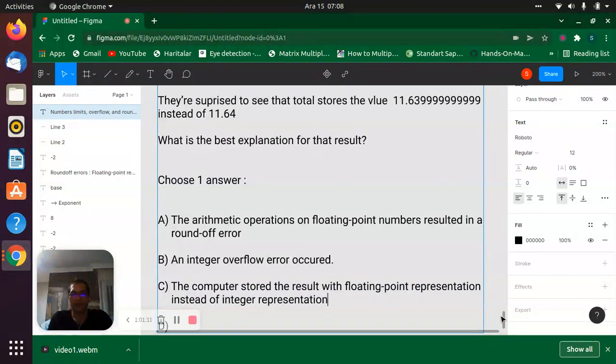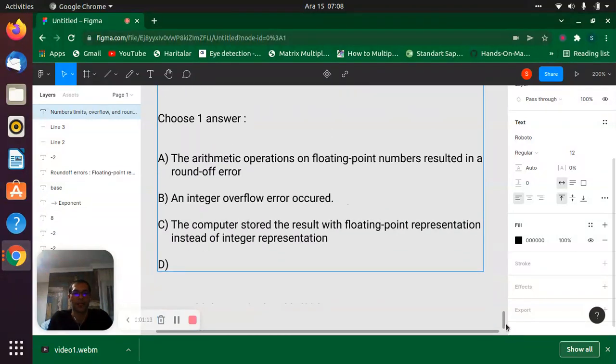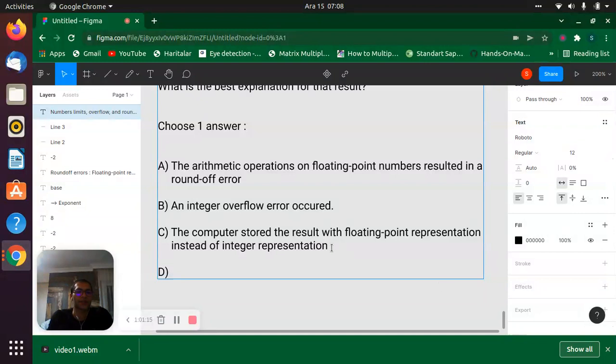Let's look at that. What is it? Saying the computer stored the result in the floating point representation instead of integer representation. What do you think?